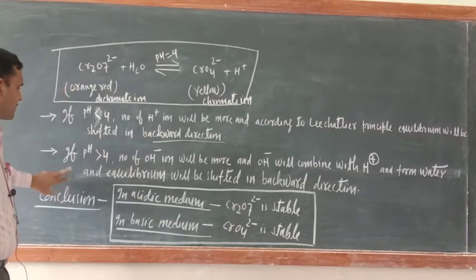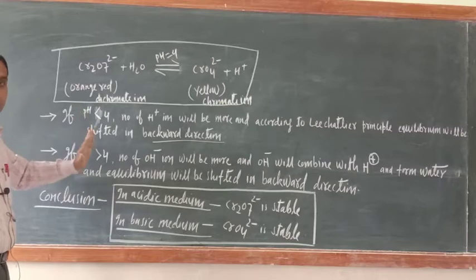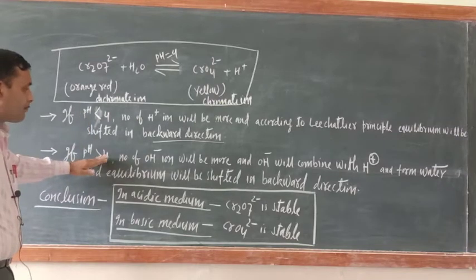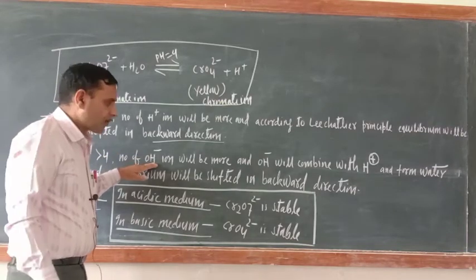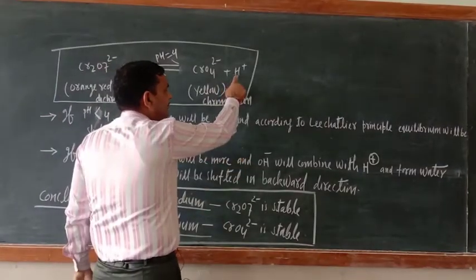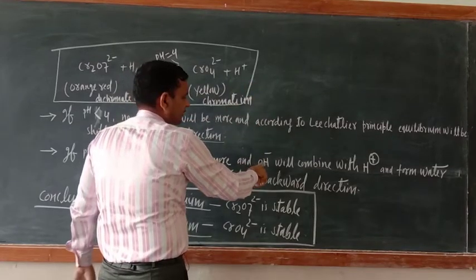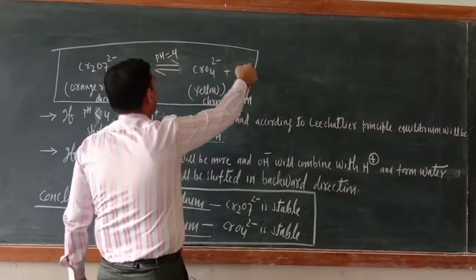So now in acidic medium, who is stable? Cr2O7. Now suppose the pH is greater than 4, which means you are heading towards the alkaline medium. So the number of OH negative ions will be more, and OH negative ion will combine with H positive and form water.